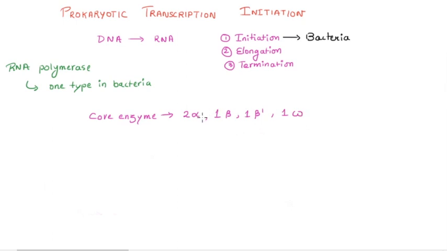These comprise the core enzyme, and if the core enzyme is added on with a sigma subunit, then the core enzyme along with the sigma subunit is called the holoenzyme RNA polymerase.